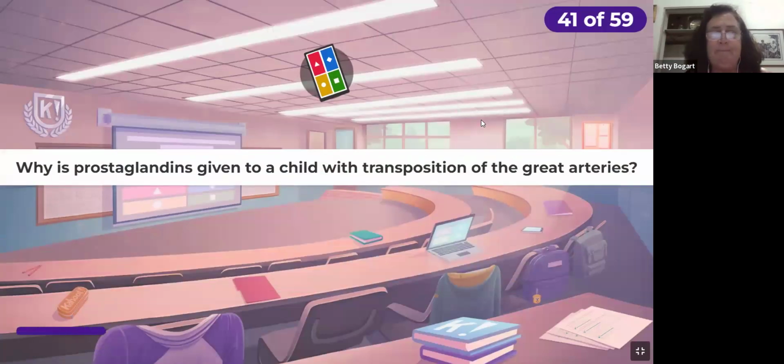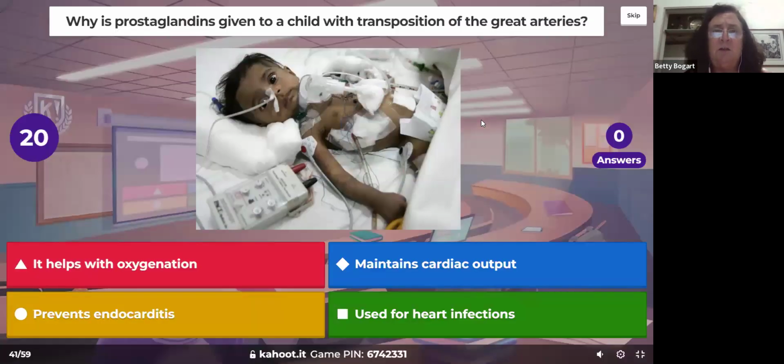A multi. Why is prostaglandins given to a child with transposition of the great arteries? What does prostaglandins do? Remember, prostaglandins is the hormone that mommy has that has fetal circulation.